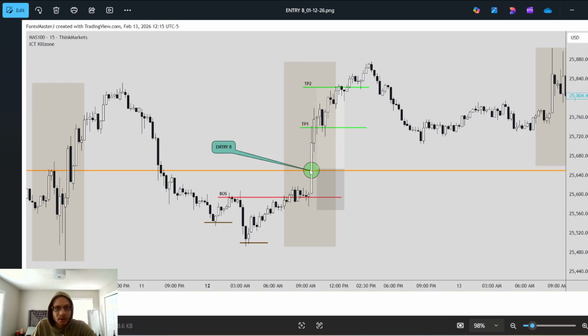So entry B is just entering above the original indication, normally with the candle close, but this happened so fast at market open. I don't really take many entry Bs, but entry A's are always the A plus setup.